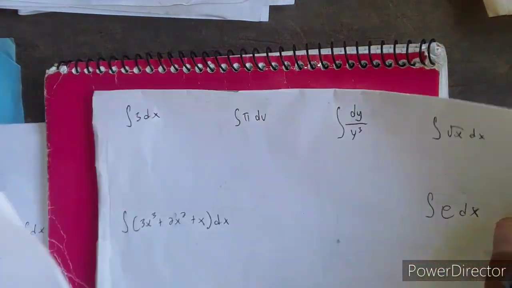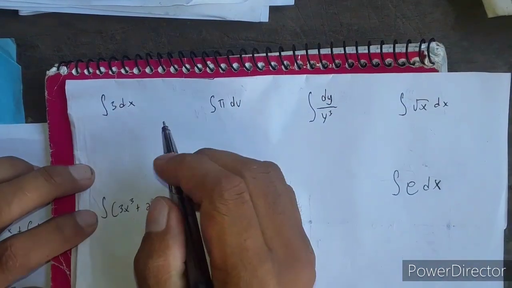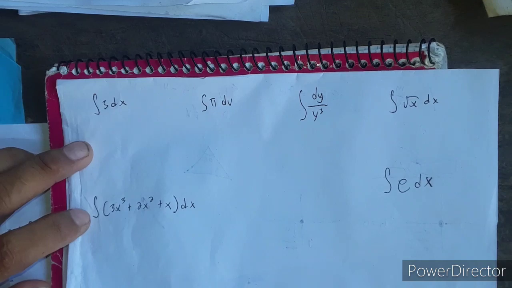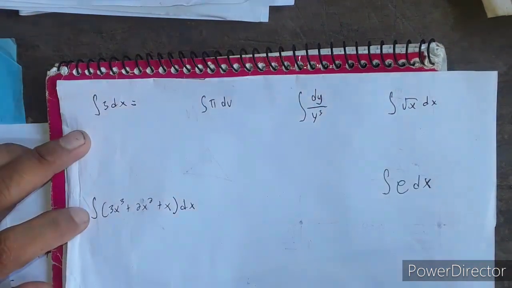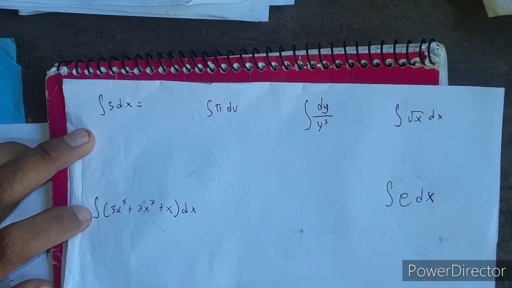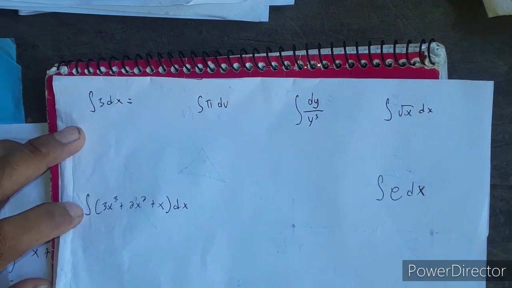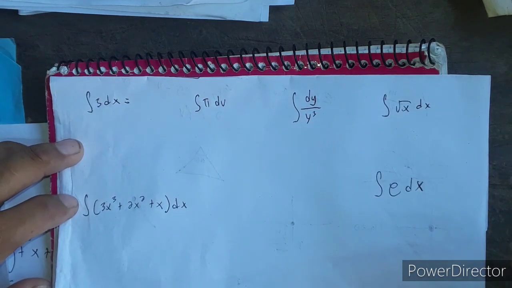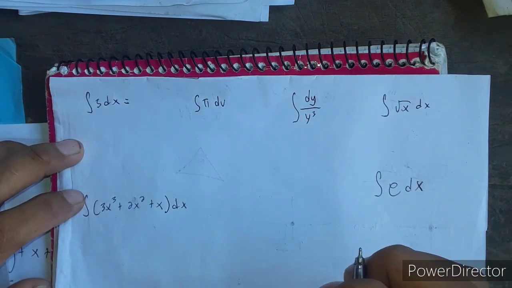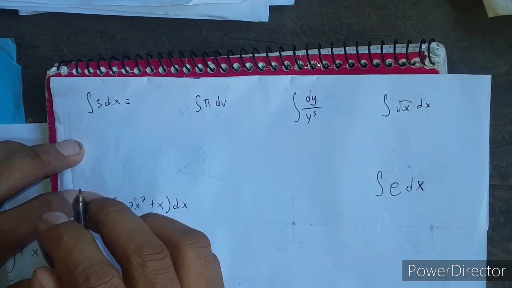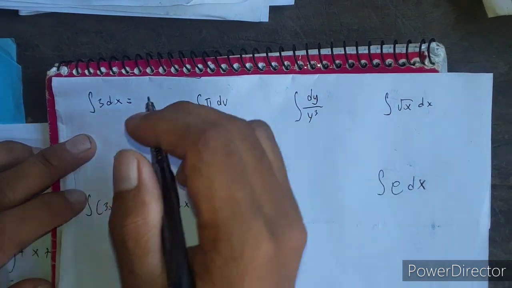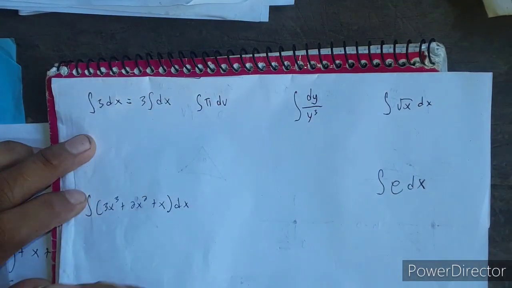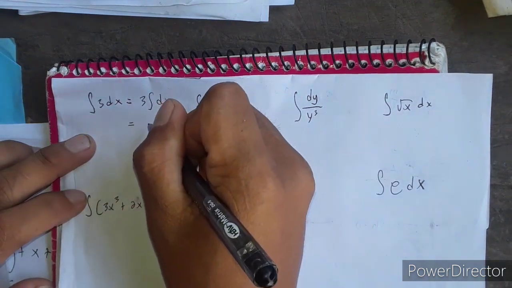So for example, if we are asked to find the integral of 3 dx, think about differentiating x. If we differentiate the variable x, the answer would be 1 dx, which is equal to dx. As a reverse, when we integrate dx, it would be x.